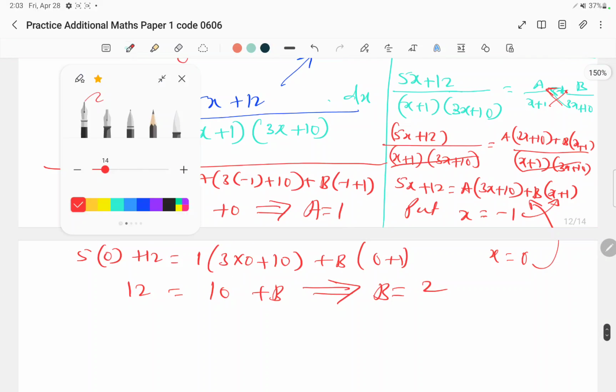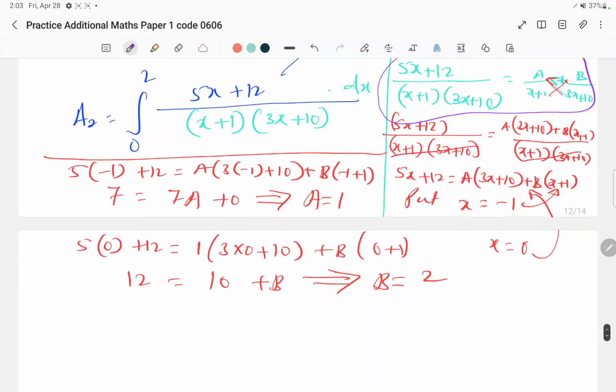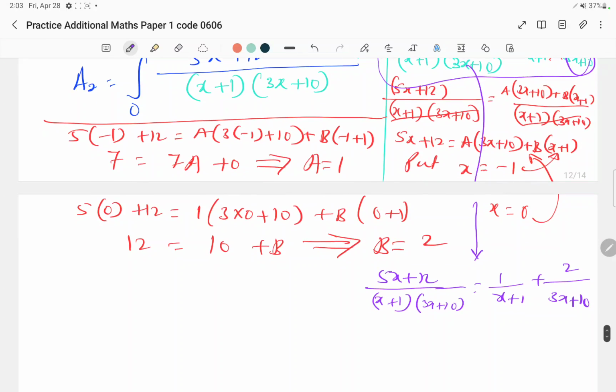Now this part over here we can rewrite. Please check that. 5x plus 12 over x plus 1 times 3x plus 10 was A over x plus 1, and A is 1, so 1 over x plus 1, and now B over 3x plus 10, so B is 2 over 3x plus 10, right? So this result can be written this way.